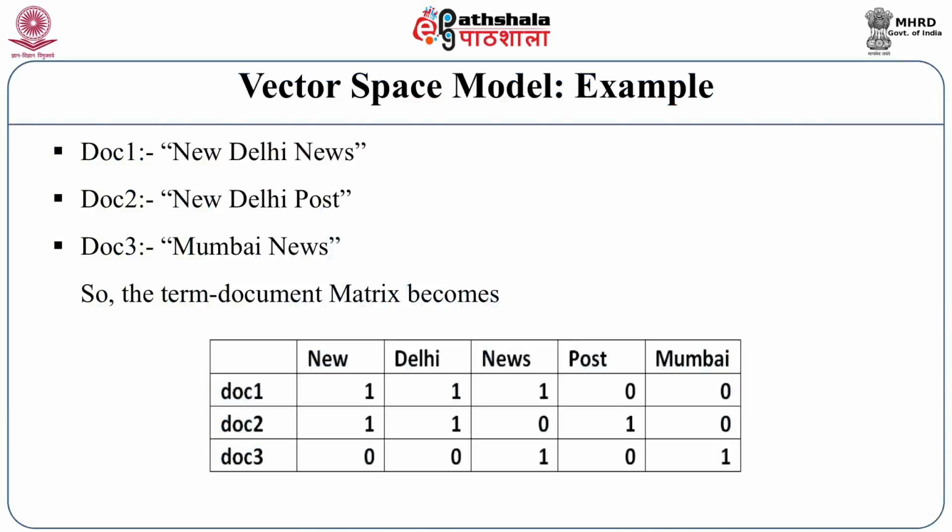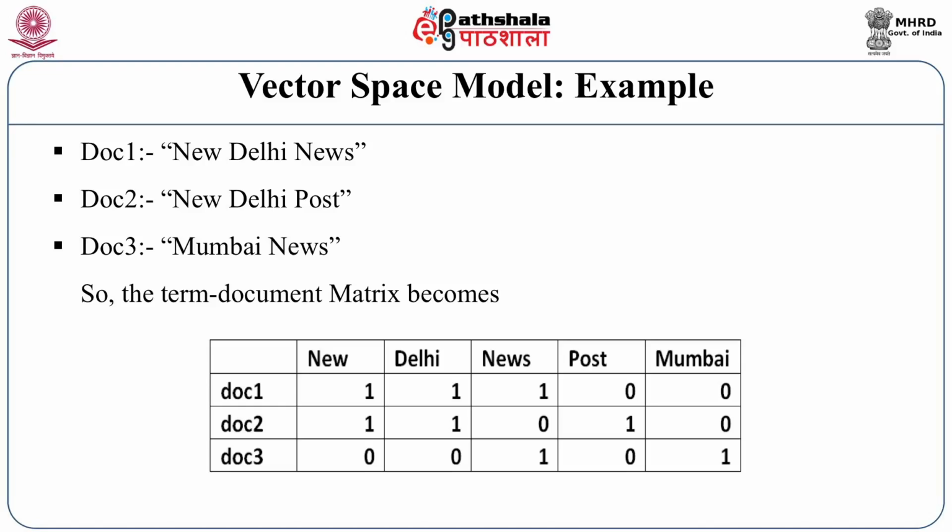Okay, so look at the slide. Suppose I have 3 documents: document 1, document 2 and document 3. Document 1 has the sentence, suppose, New Delhi News. Document 2 has the sentence New Delhi Post, and document 3 has 2 words, suppose Mumbai News.